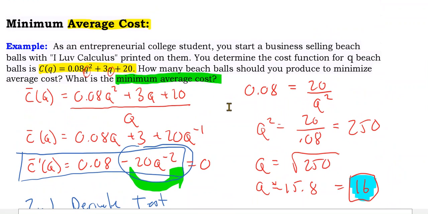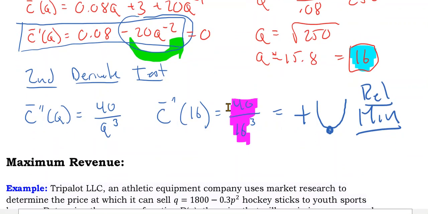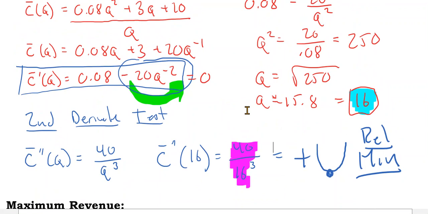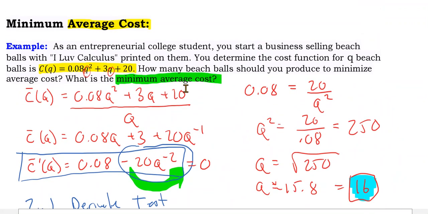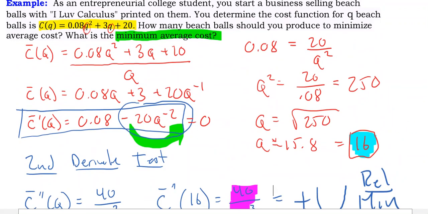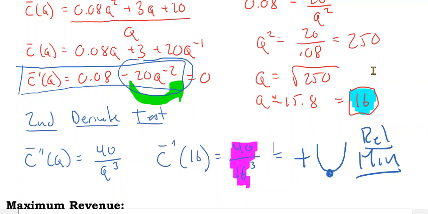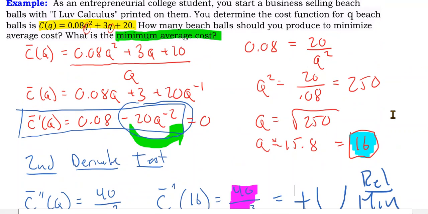And 16 is the quantity that will give us the minimum average cost. Now, to actually find the minimum average cost, you would simply go back to the average cost function and evaluate the average cost function at Q equals 16. Our average cost function is right here.